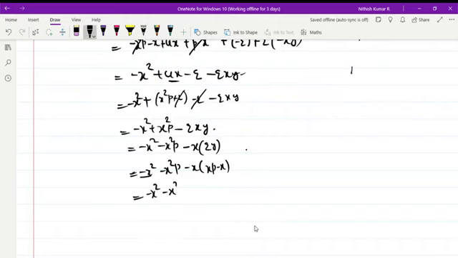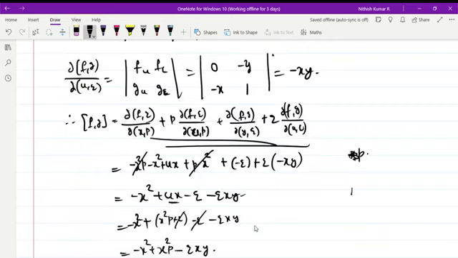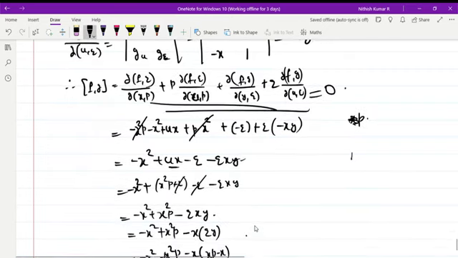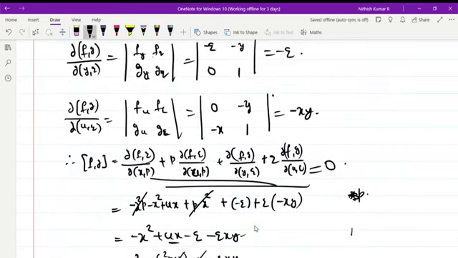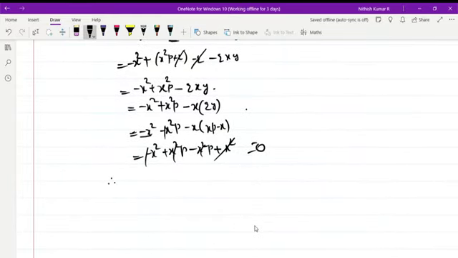So plus q and minus q cancel. So we have plus x square, and minus qxy. Just rewrite it as minus x square p and minus x into q into y. Wait a second.